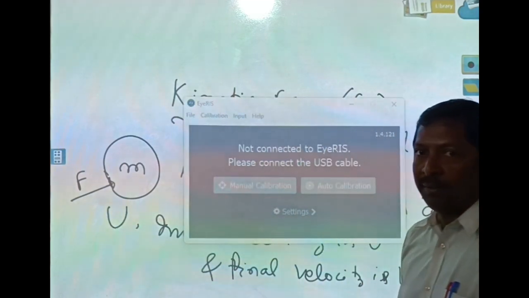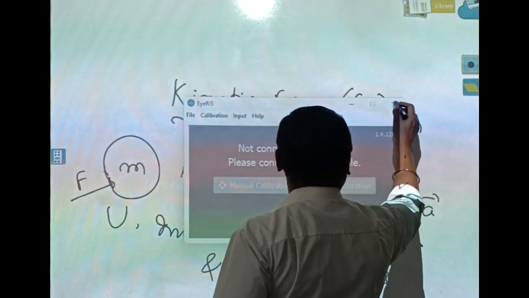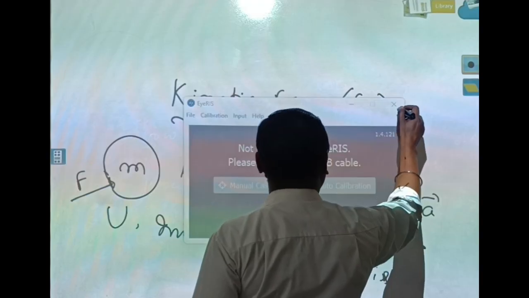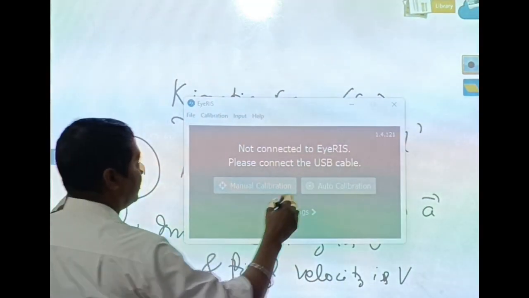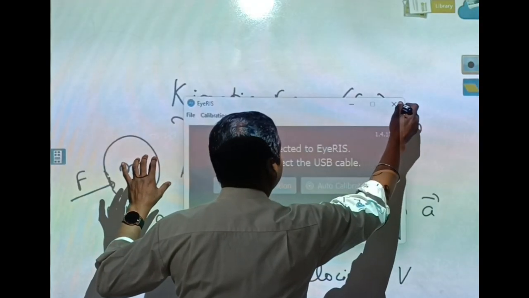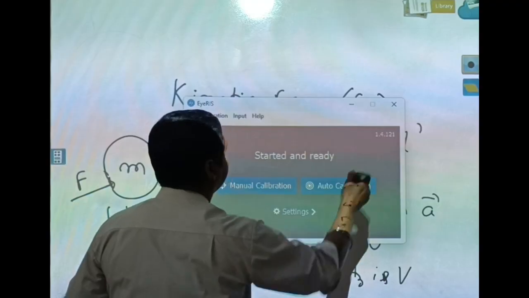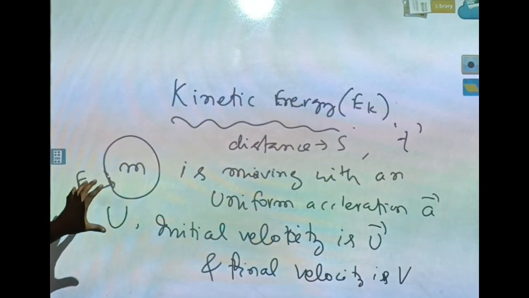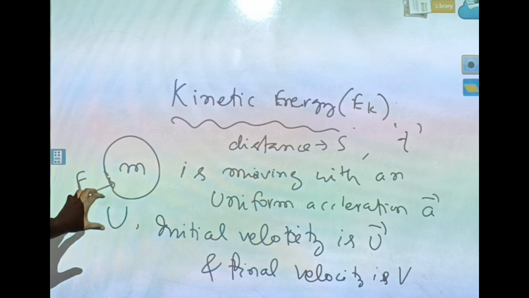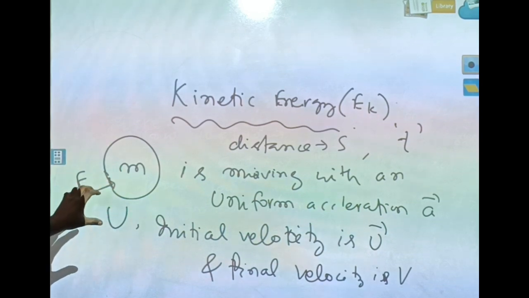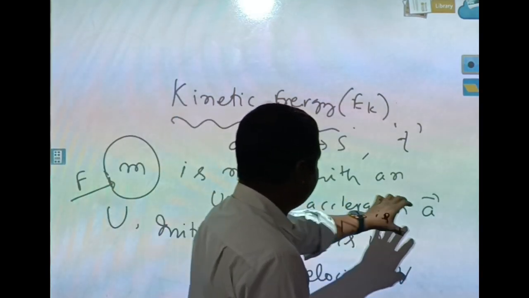I am repeating these things. Suppose there is an object having mass m, at rest at first, but it is moving with a uniform acceleration a.